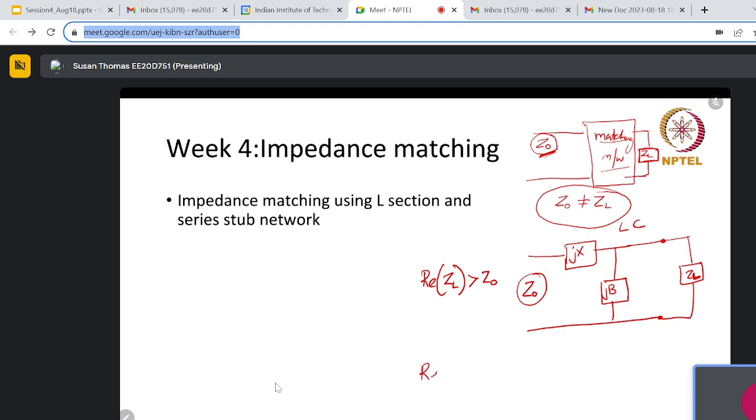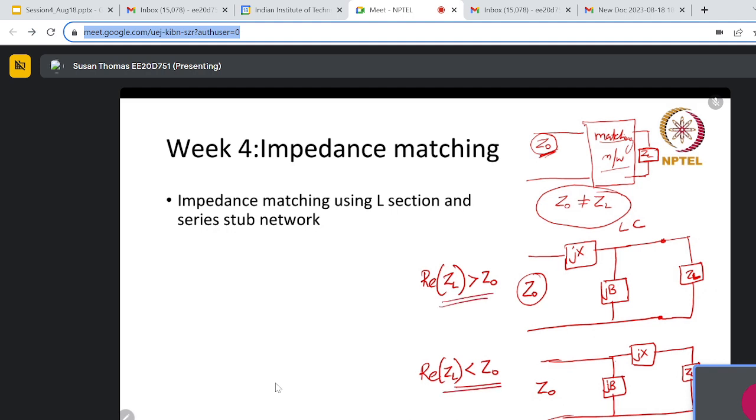If the real part of ZL is less than Z naught, then you have to use an LC matching network like this. This was already discussed in the video lecture, but it is a very important takeaway from the very first video lecture on the L section: based on the load impedance and the characteristic impedance value, how do you choose the L section network?